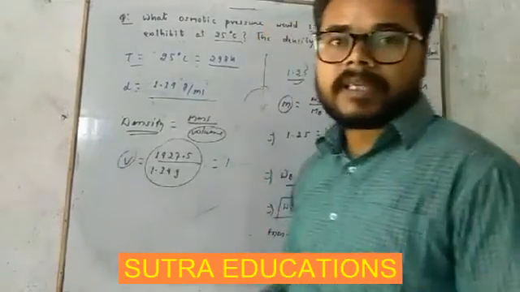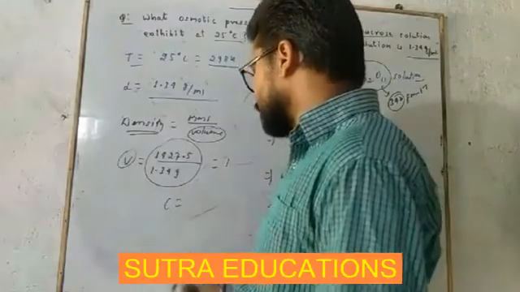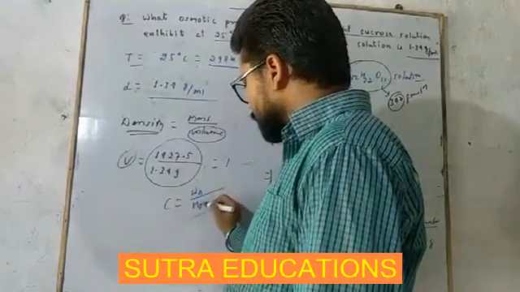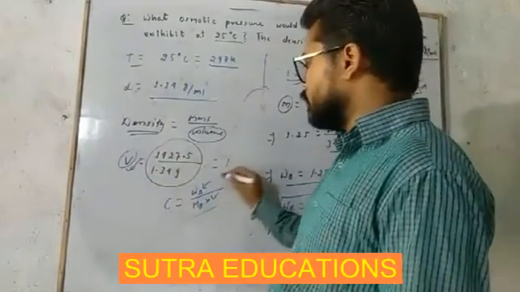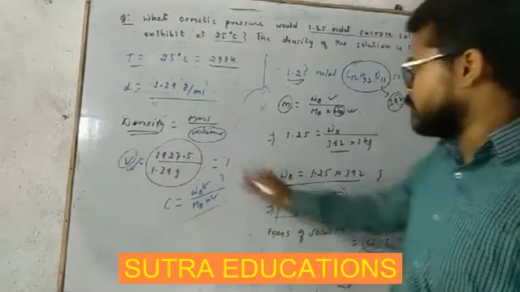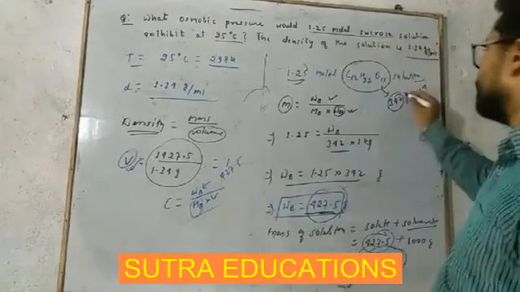Once we have got the volume, we can calculate C. C will be WB upon MB and this volume. The volume we have calculated, WB we have calculated, it is 427.5, and MB we know, MB is 342.